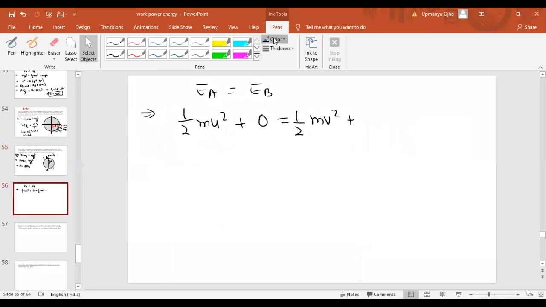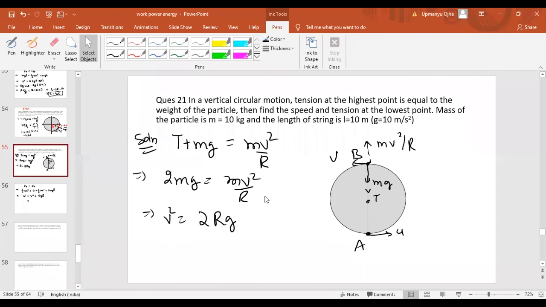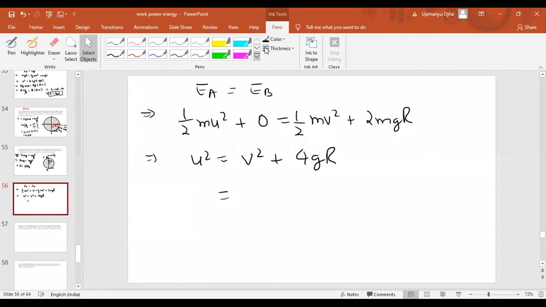So half mu square equals half mv square plus 2mgr. We can cancel m on all sides. If we take 2 as LCM, u square equals v square plus 4gr. Velocity at the highest point is given as v square equal to 2rg, so that is 2rg plus 4gr, which equals 6gr.